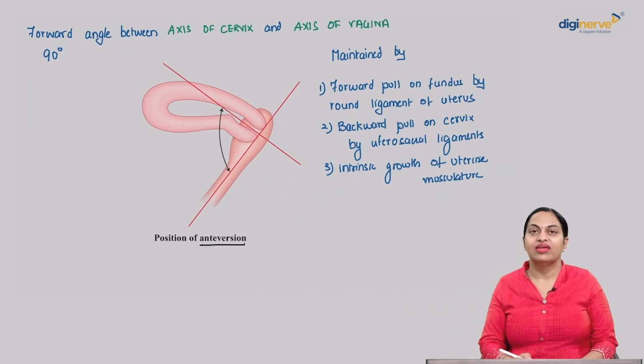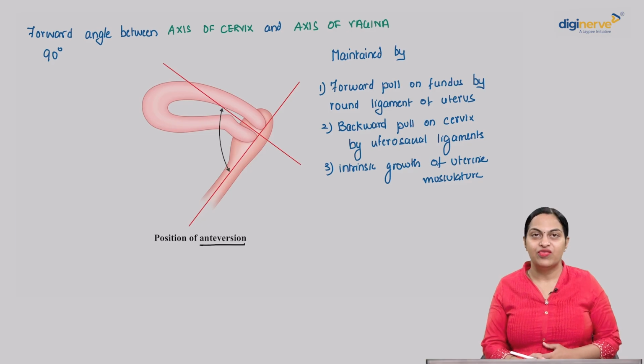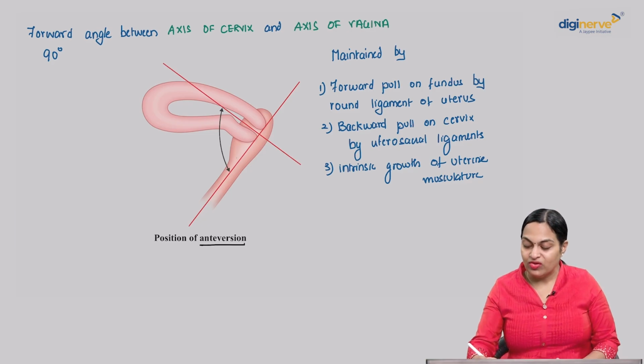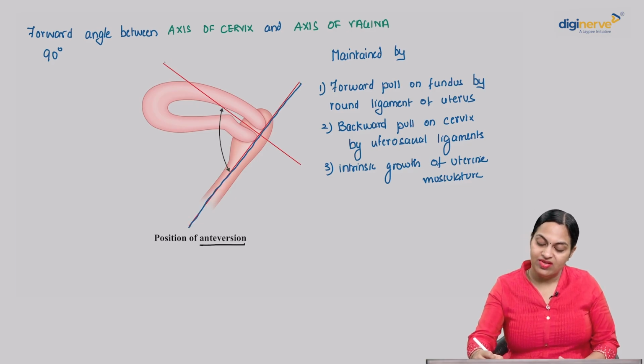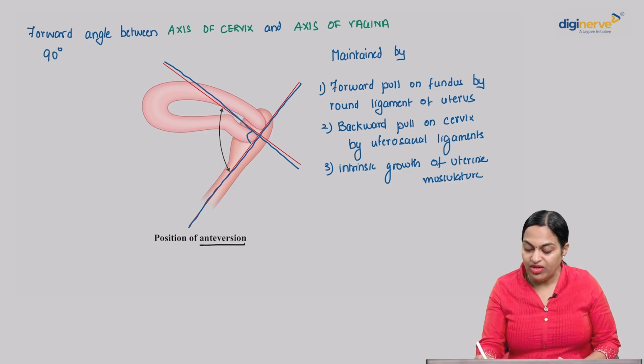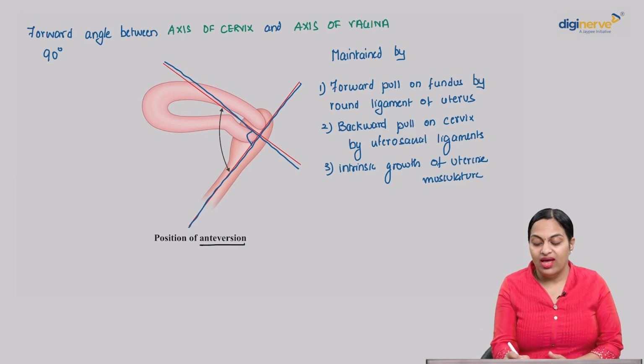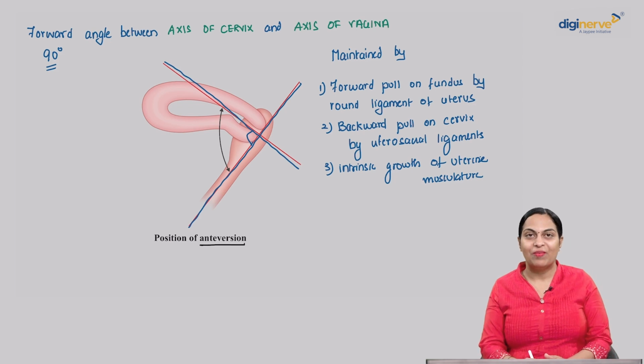What is the angle of antiversion and antiflexion? Antiversion is the forward bending that you see there between the cervix and the vagina. So this is the axis of the vagina and this is the axis of the cervix. The angle between the two is called the angle of antiversion and it measures 90 degrees.